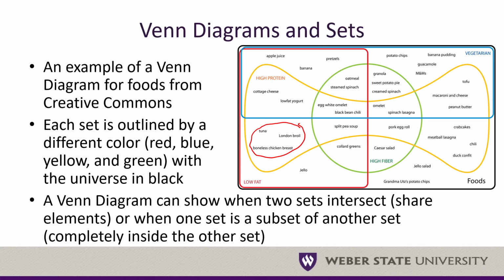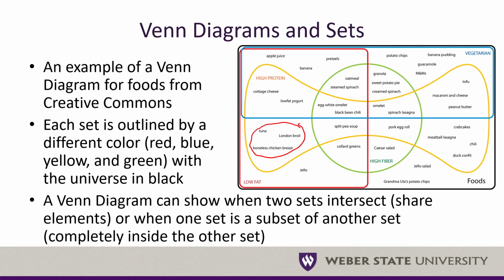So see, I've solved my tablet problem here. I can write all over the top of it now. So, always fun. So we can say that this is a complete subset of the set of high protein as well as a complete subset of the set of low fat. It just happens to be the entire intersection of those two things.